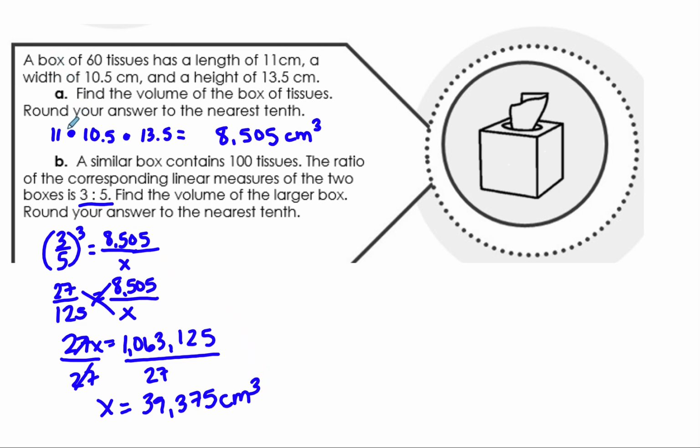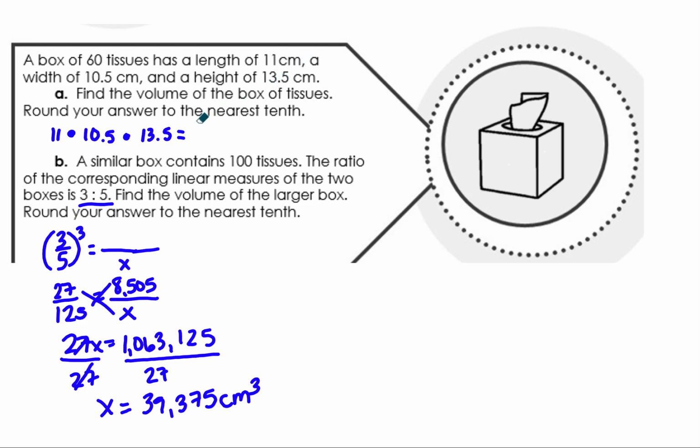I'm going to start by going back up here and making sure that number is right. So 11 times 10 and a half times 13 and a half. Oh yeah, I got a different number that time. No wonder my answer was so big. Okay, always a good idea to go back and think, does my answer seem reasonable? So I'm going to double check that one more time. 11 times 10 and a half times 13 and a half.